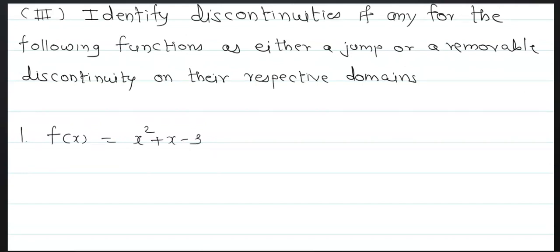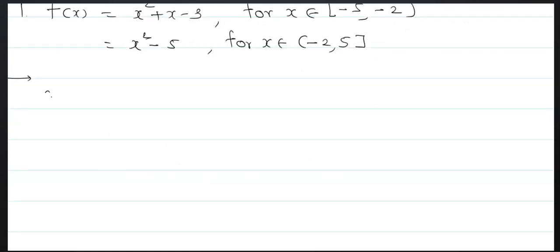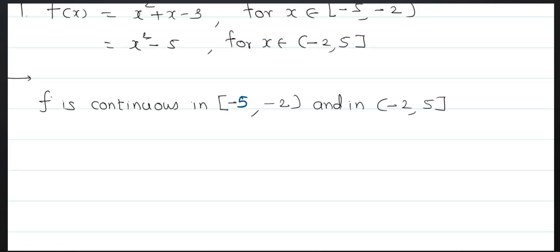First is f of x is equal to x square plus x minus 3 for x belongs to the closed interval minus 5, open minus 2, and x square minus 5 for open minus 2, closed 5. F is continuous in minus 5, open 2 and minus 2, closed 5, since it is a polynomial function.